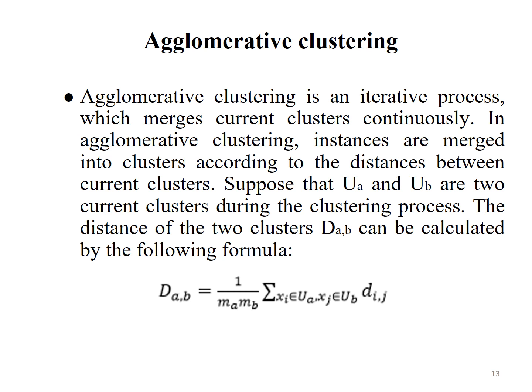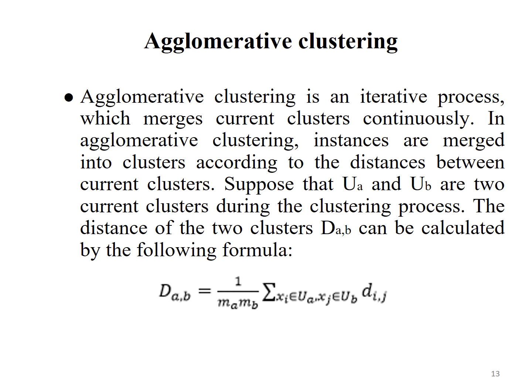Suppose that UA and UB are two current clusters. During the clustering process, the distance of two clusters, DAB, can be calculated by the following formula, where DA and DB are the number of instances inside the clusters UA and UB.